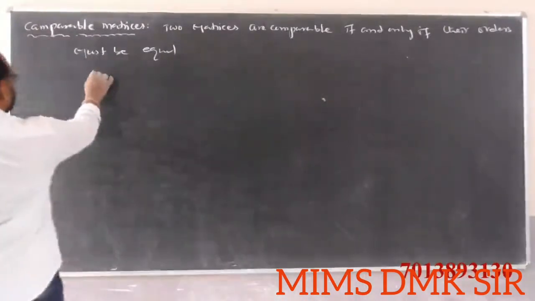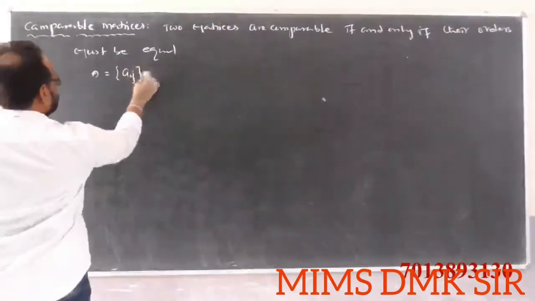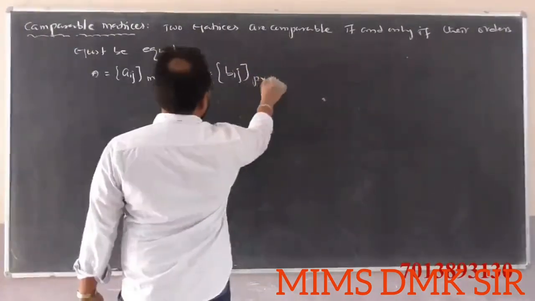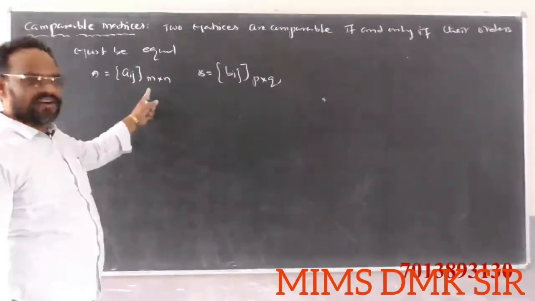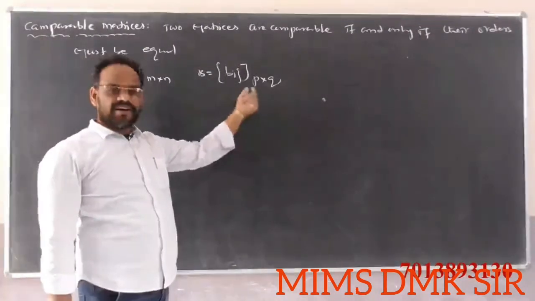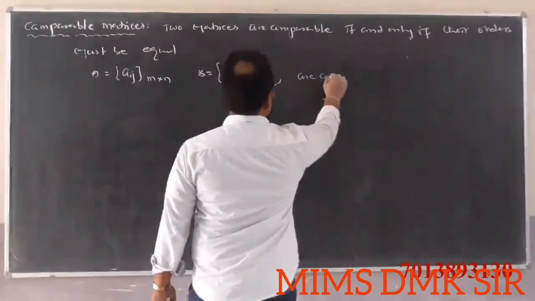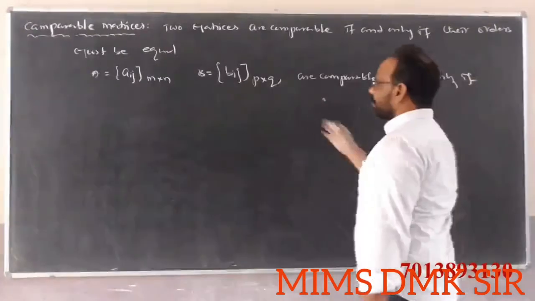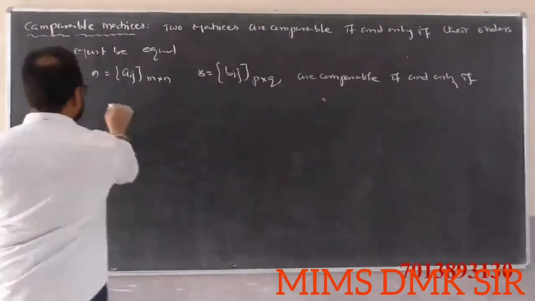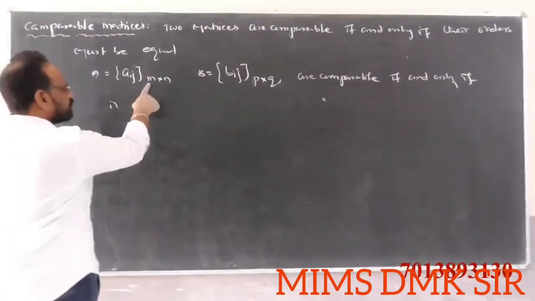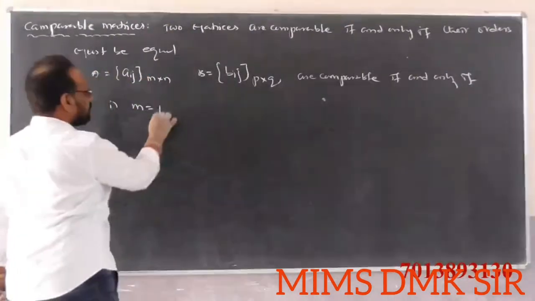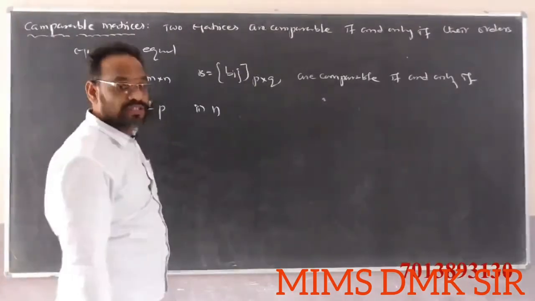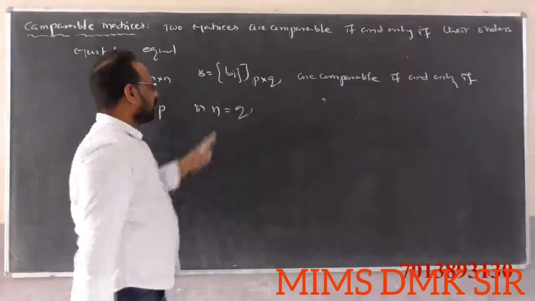For example, if A is a matrix of order m by n and B is a matrix of order p by q, they are comparable if and only if m equals p, that means the number of rows in the first matrix is equal to the number of rows in the second matrix, and the number of columns in the first matrix is also equal to the number of columns in the second matrix.